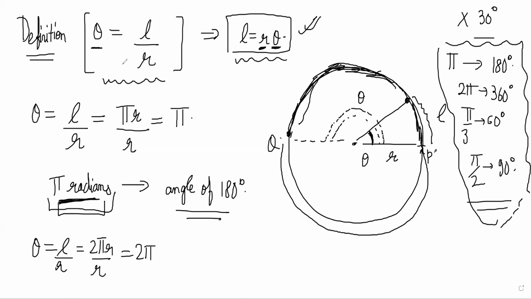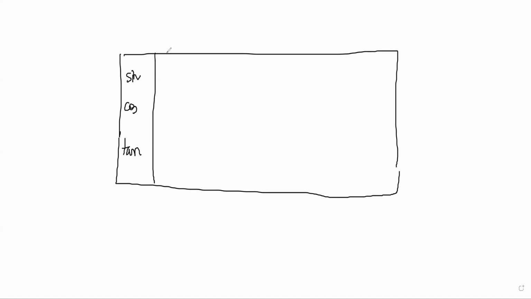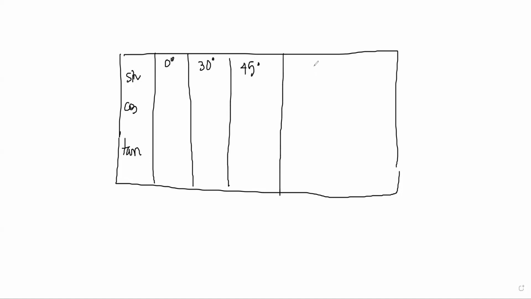Also, in 10th grade, you might have learned the table of values of sine, cos and tan, right? There is a table of values for 0 degree, 30 degree, 45 degree, 60 degree and 90 degree.